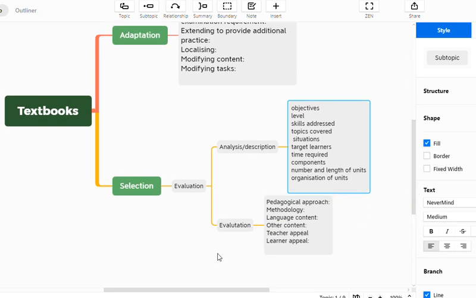One of the other important points to mention here is that evaluation should happen prior to the course, while the course, and post-course. So pre-course evaluation, whilst-use evaluation, and post-course evaluation if you want to have a better evaluation of the materials and textbooks.